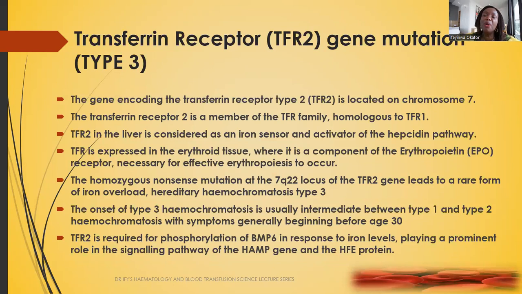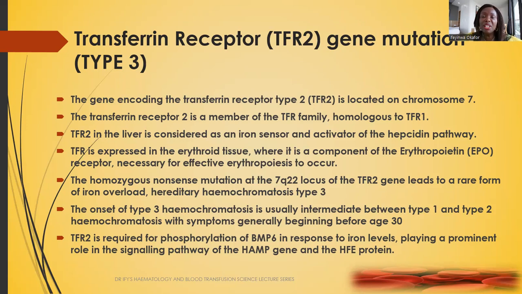Type 3 hemochromatosis is the hereditary hemochromatosis formed as a result of mutation in the transferrin receptor gene. It's called type 3 hemochromatosis.